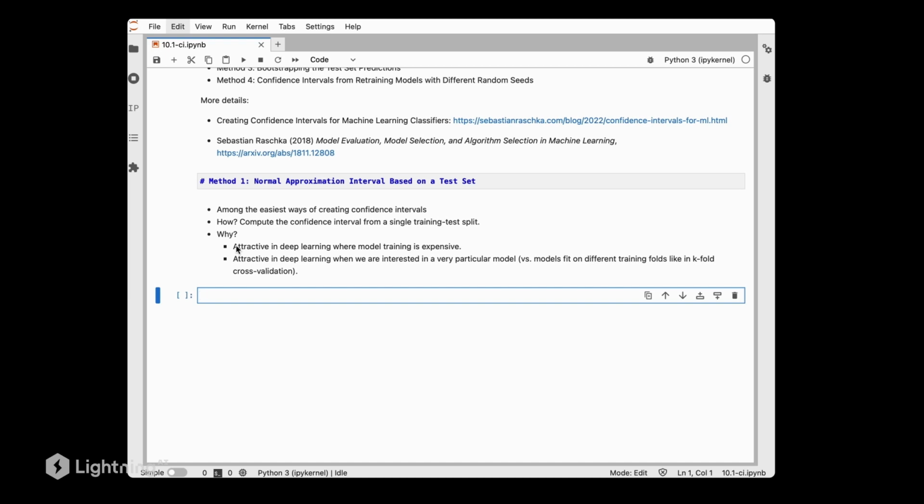So some methods, for example, require you to retrain different models, and then the confidence interval would not correspond to a particular model. So it would be more like including all the different models that were trained on the different k-fold cross-validation folds or bootstrap samples. So here we are really evaluating a specific model that we might or might not employ in practice then.